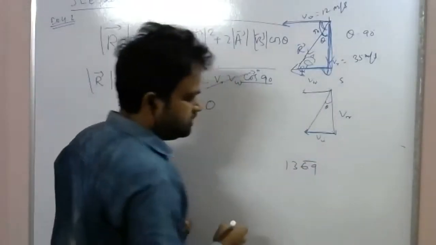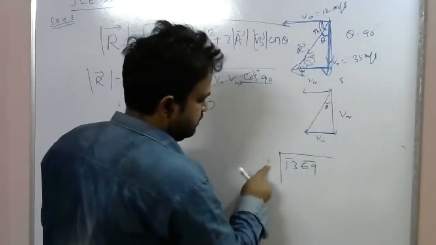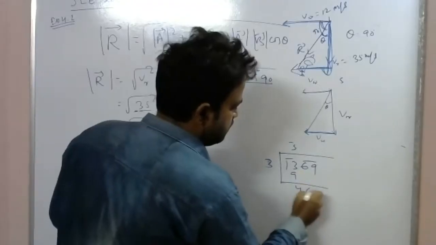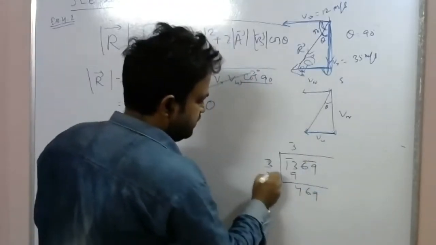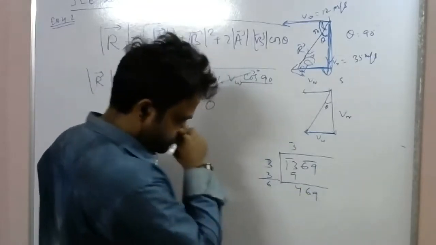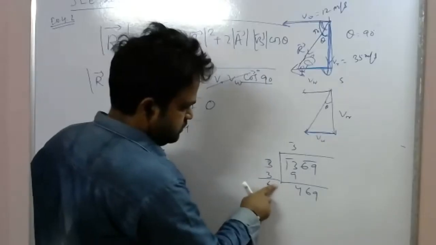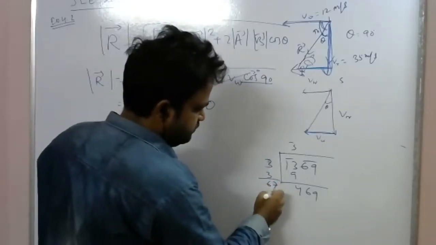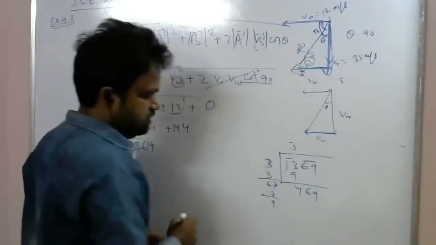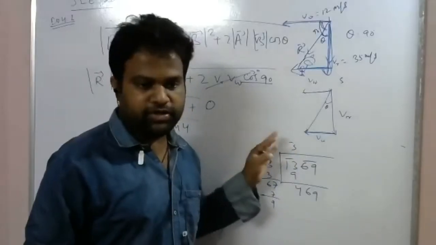So the long division method is this one: 1369. 3 squared is 9, this is 4, 69, 3, 6. So 6, 67 into 7. All of you, I think, know how to do this long division, a very important method.